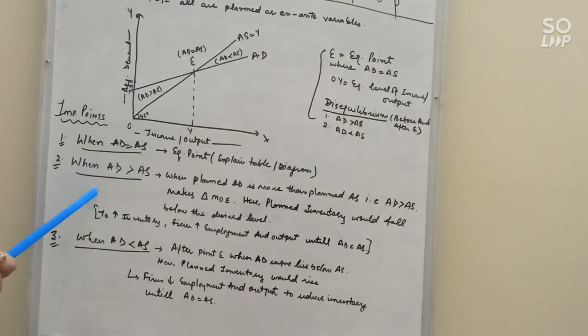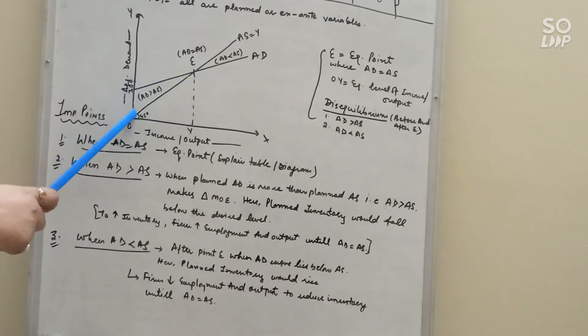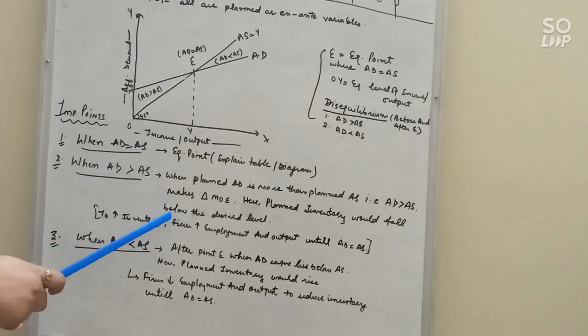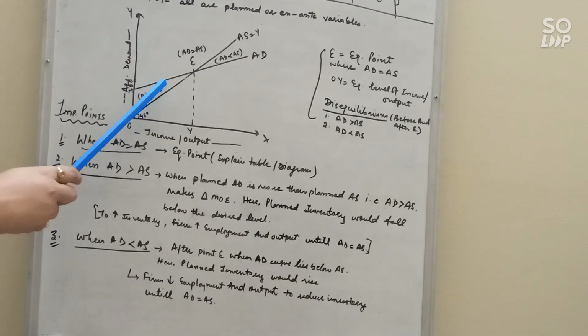When planned AD is more than planned output, that is aggregate supply, we are in this triangle MOE. Here AD is more than aggregate supply. At this point, consumers and firms together would be buying more goods than the producers are willing to produce.